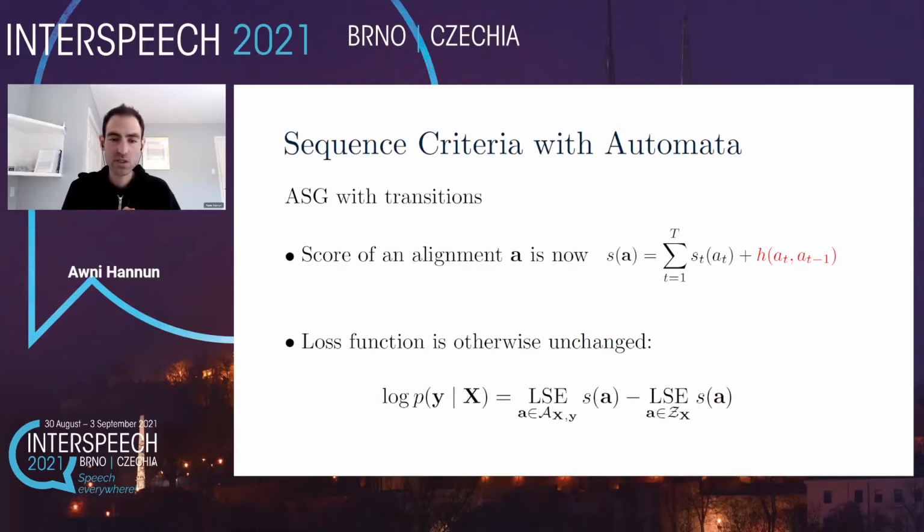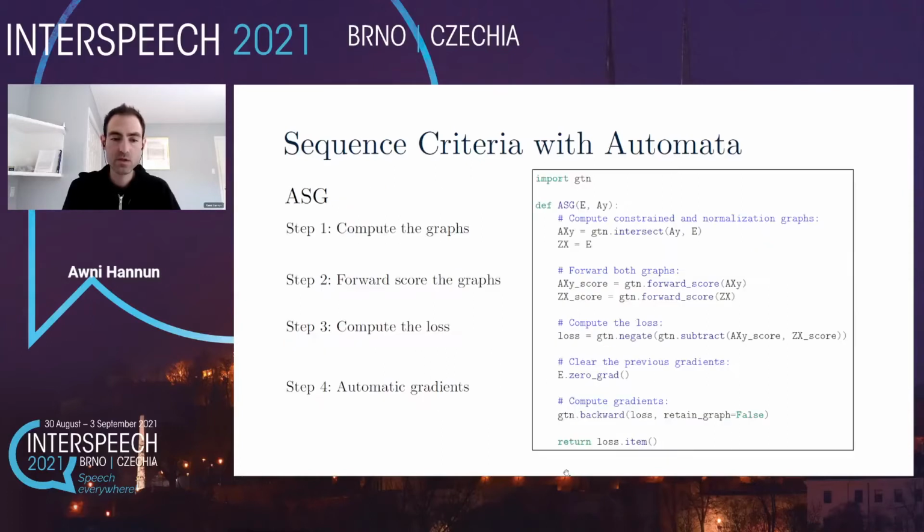With CTC and transition-free ASG, you can take a shortcut. When you're computing this conditional probability, let me go back to the code. Instead of computing the normalization term as the forward score of a separate graph, it turns out that you can normalize the emission scores locally at each time step.